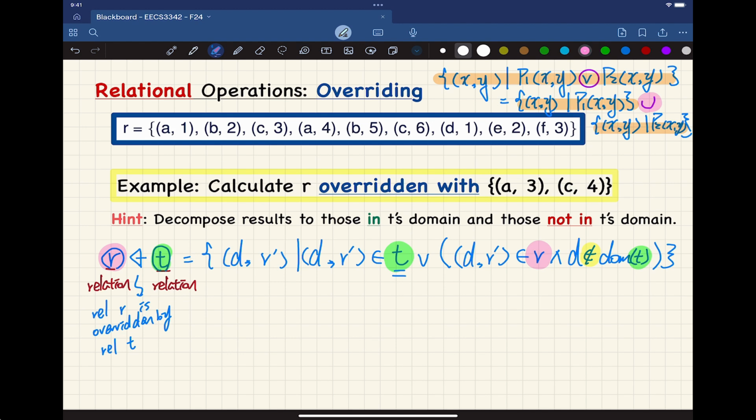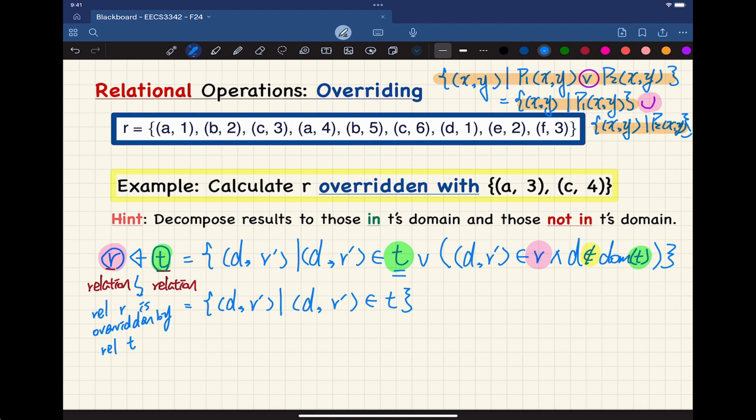So now let's rewrite the overriding expression. That one there by definition will be equal to two sets. So the first set, dr prime, and then dr prime in t. All right, that's the first one, to the left of the disjunction.